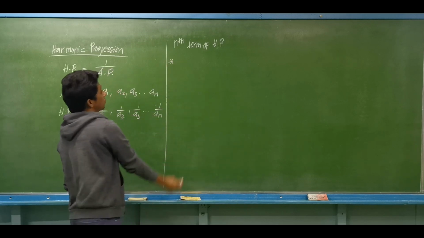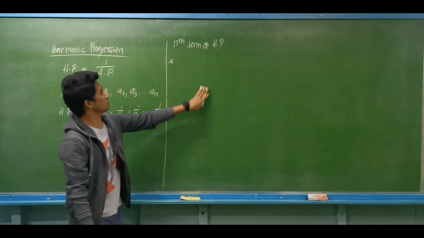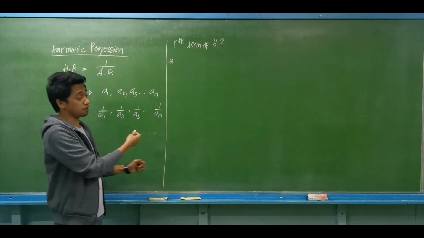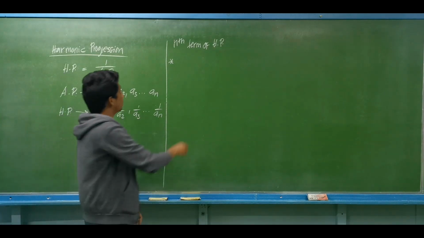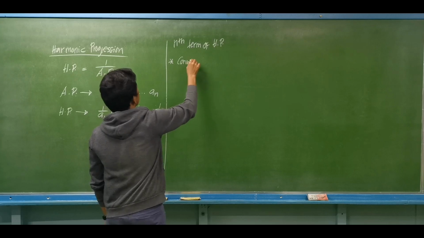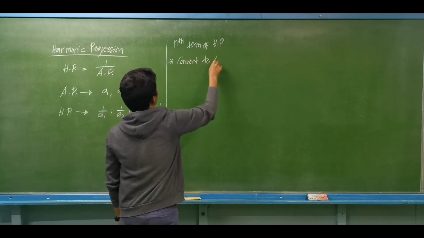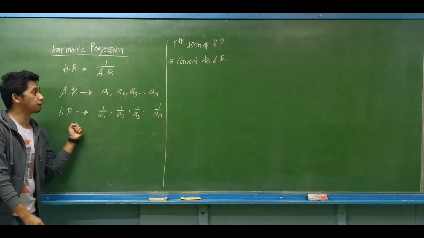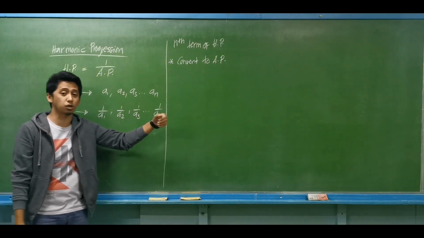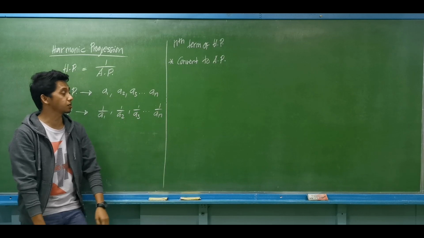Since we don't have a specific formula for the nth term of a harmonic progression, all we have to do is first convert to arithmetic progression. We convert all the terms to arithmetic progression, then we can use the equations under arithmetic progression.